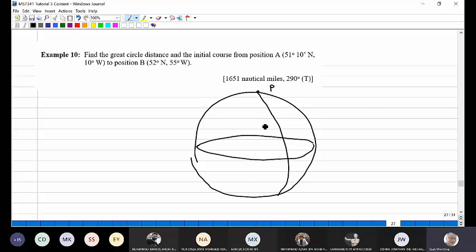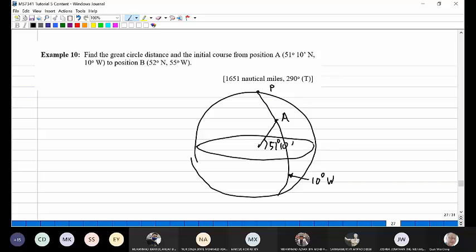Okay, so this is 51 degrees 10 minutes, point A. And this is at 10 degrees west. I purposely put it at the top here so that I can see better.